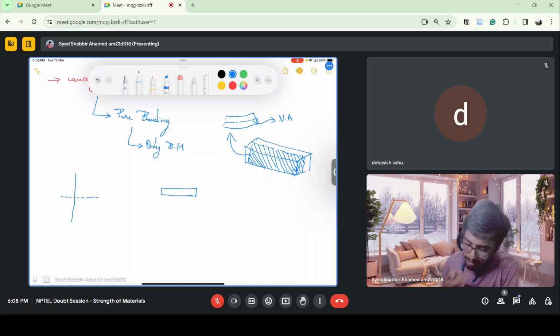Another thing is that we are only talking about sections which have a vertical plane of symmetry, and if a load is applied, it should be applied on this vertical plane of symmetry, like different sections. This has a vertical plane of symmetry. This has it.